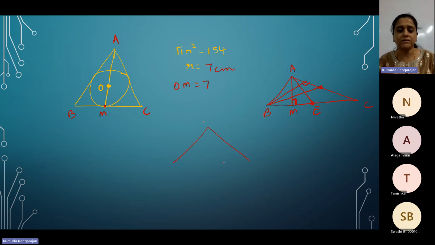That means if this is the altitude, that itself is the median also. Altitude, so 90 degrees. But the same thing is the median. In an equilateral triangle, the altitudes and the medians coincide.